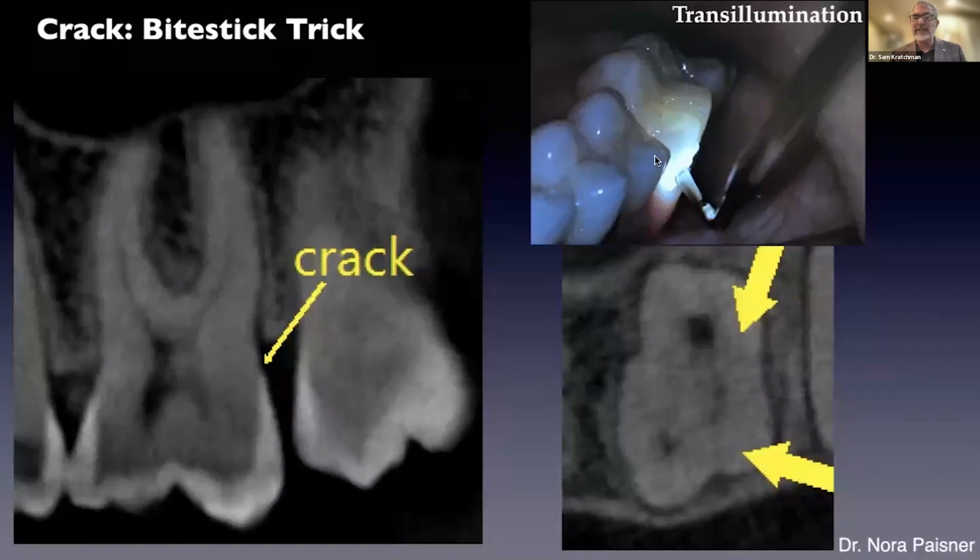And this is a transillumination where I'm using the fiber optics to show that it's shining through this part of the tooth, and you don't see the light here, meaning that there's a crack across the whole half of this tooth. And by having the patient bite on that stick during the cone beam, you can see that there's separation of the two pieces. So that's a nice little trick that I want everybody to be aware of.